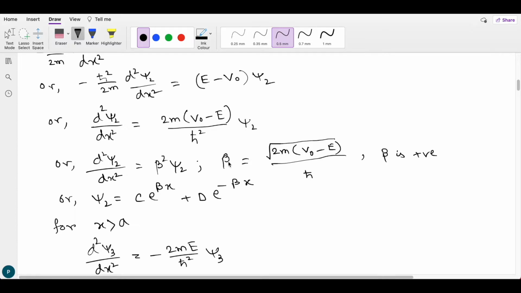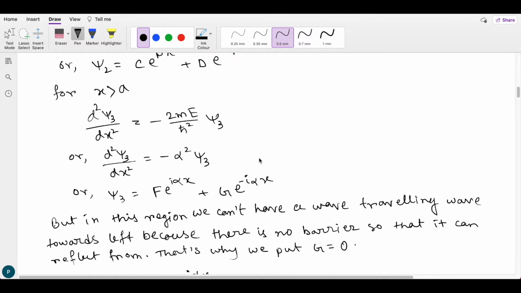For region 3, that is x greater than a, the Schrodinger equation is the same as for region 1, that is d²ψ3/dx² equals minus 2mE/ħ² ψ3, or we know that alpha equals root over 2mE by ħ, so we can write the solution as F e to the power iαx plus G e to the power minus iαx. But in region 3, we cannot have a wave traveling towards the left because there is no barrier for it to reflect from.